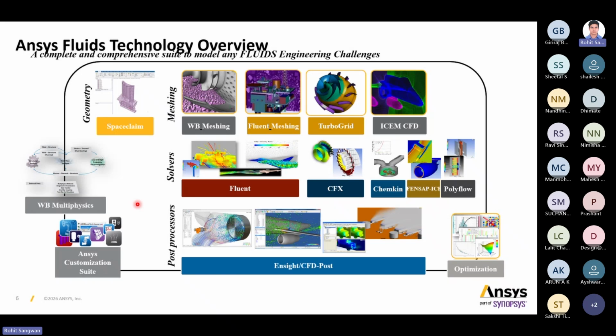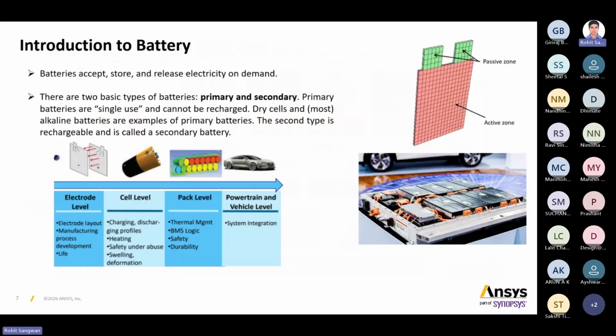In the same way when I'm doing analysis of a motor, because the motor will take energy from the batteries, how both will work together. Those physics I have to couple, so we use Workbench multiphysics. So ANSYS has this advantage where I can solve more physics together with the help of Workbench multiphysics. I'll give you some examples in an upcoming slide of how we are using Workbench multiphysics.